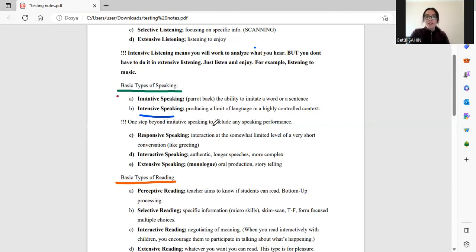Second one is intensive speaking. Intensive speaking is actually producing a limit of language in a highly controlled context. It's also formal, and this one is actually one step beyond imitative speaking to include any speaking performance. And third one, responsive speaking.